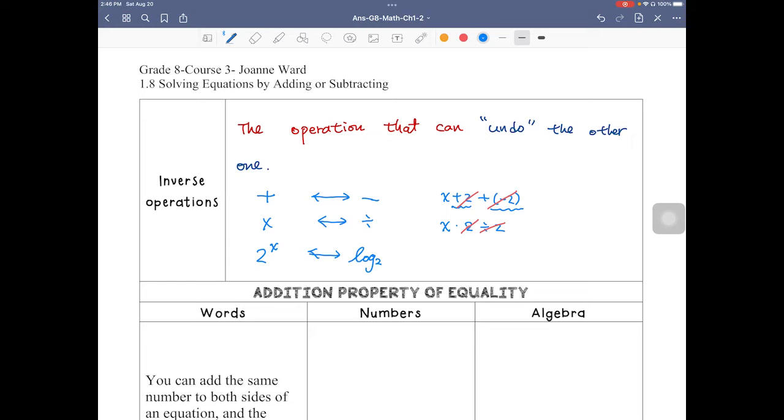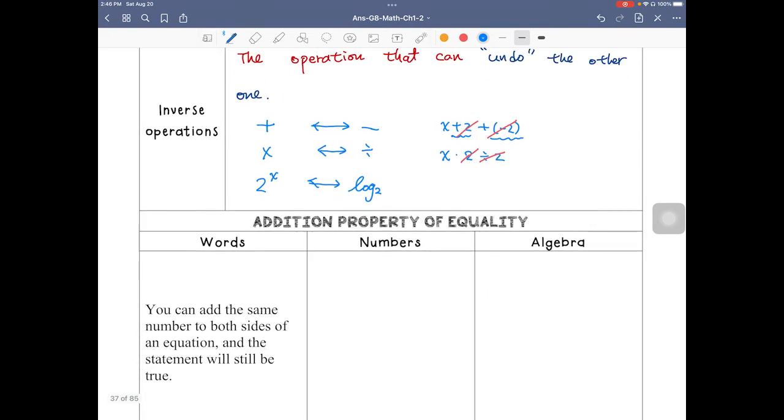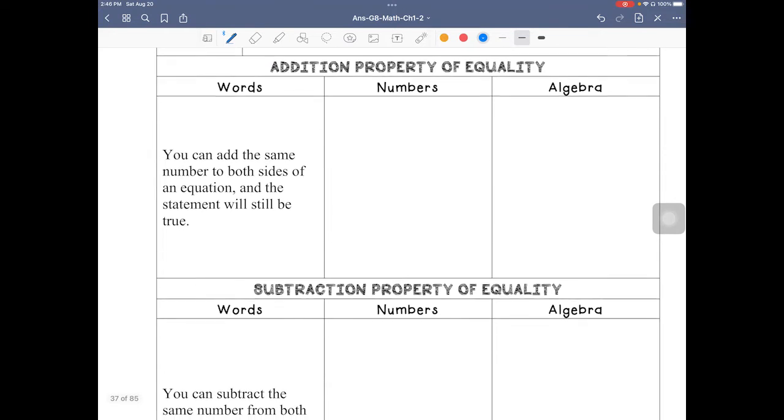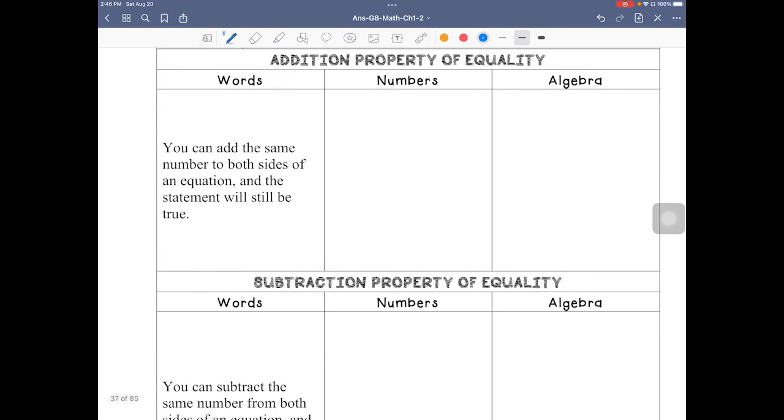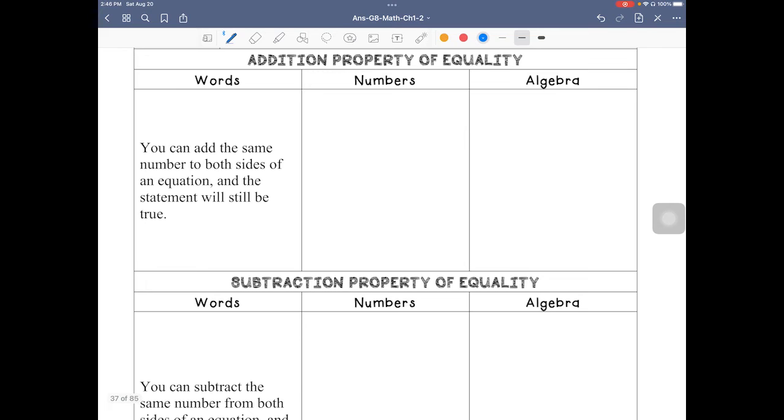The effect is canceled out and returns to its original form. So an inverse operation undoes the original operation.